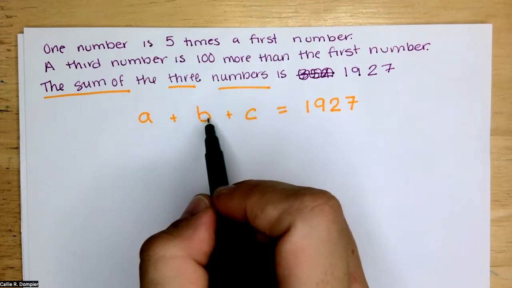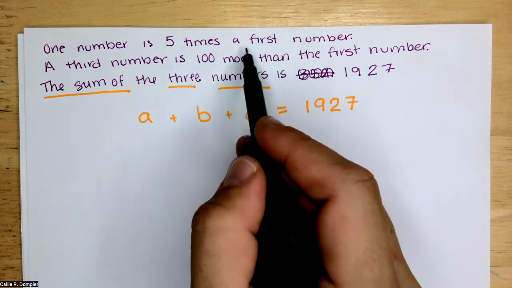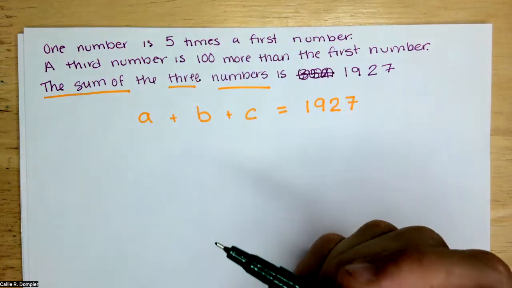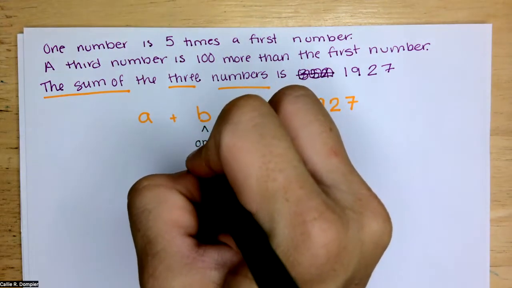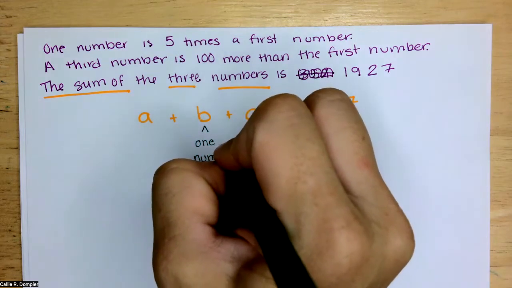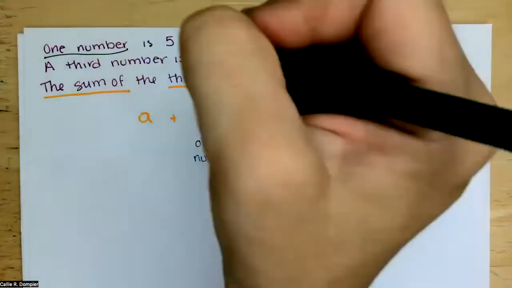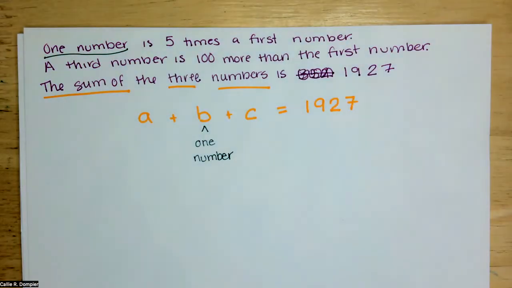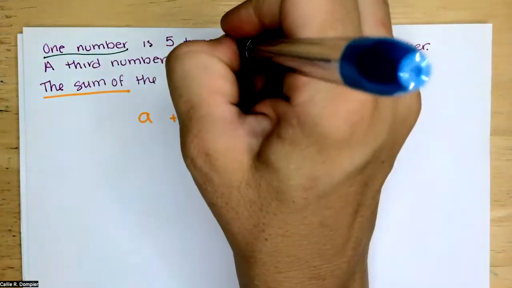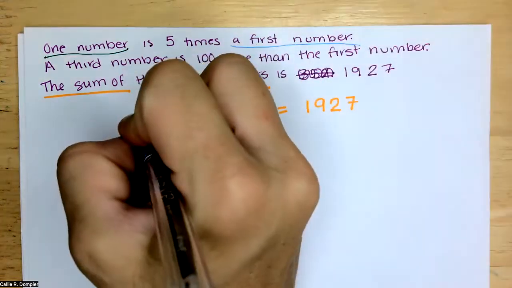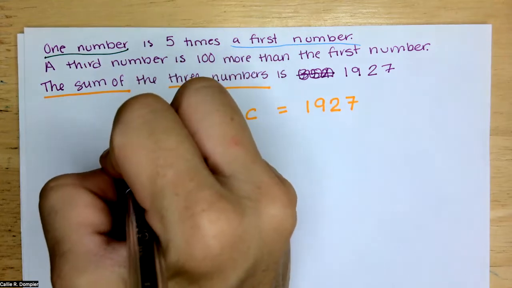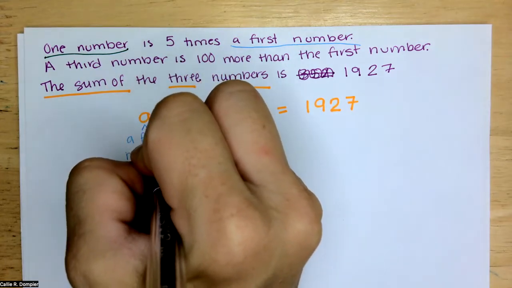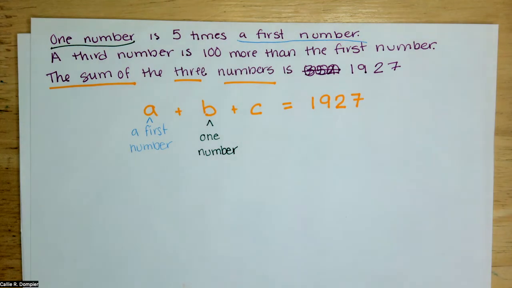B is one number in this story. Just because they call the next one a first number, that would be our A. A first number. Good. And a third number we have.